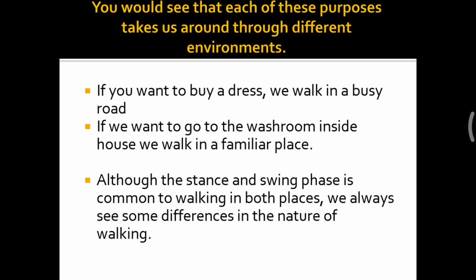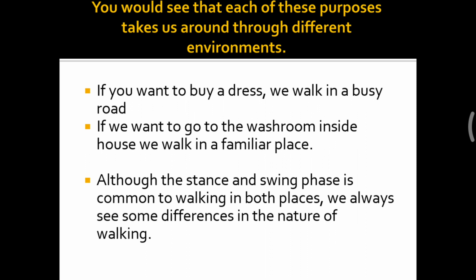Say, for example, you're going from your bedroom to your kitchen. That would be different. If you want to buy a dress, we walk on a busy road. So the environment is entirely different. Rather, if you want to go to the washroom or to the kitchen, it all happens inside our house, and that walking would be different.